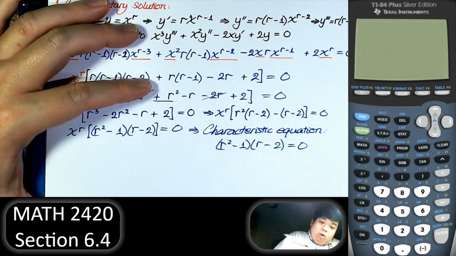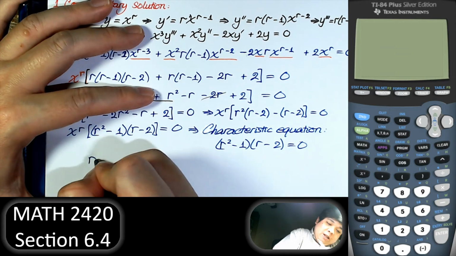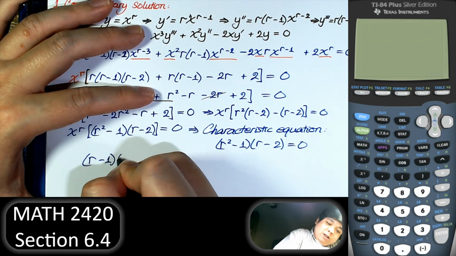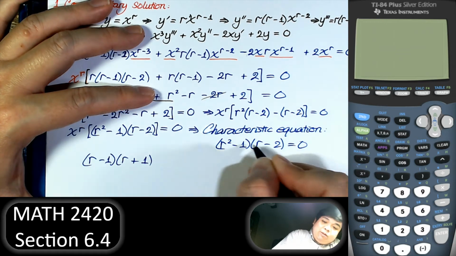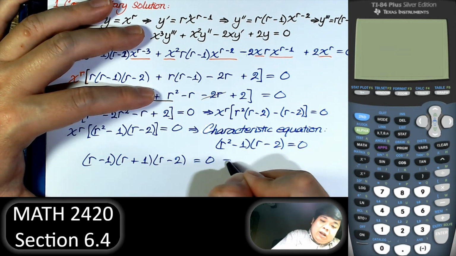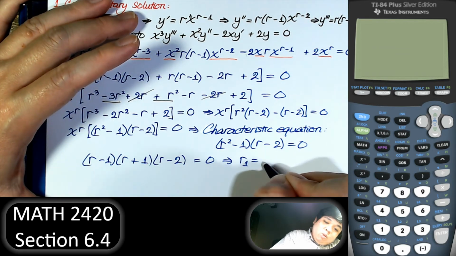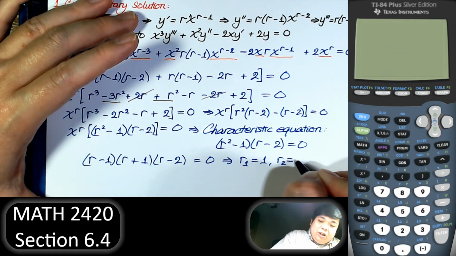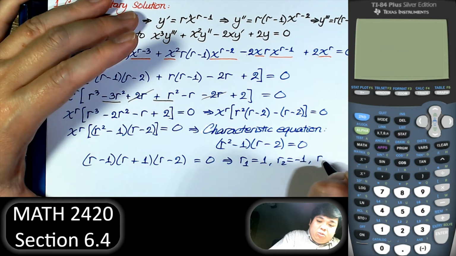But we factor out one more time. r minus 1, r plus 1, that is r squared minus 1, and r minus 2 equal to 0. So we have r1 is 1, r2 negative 1, r3 2.